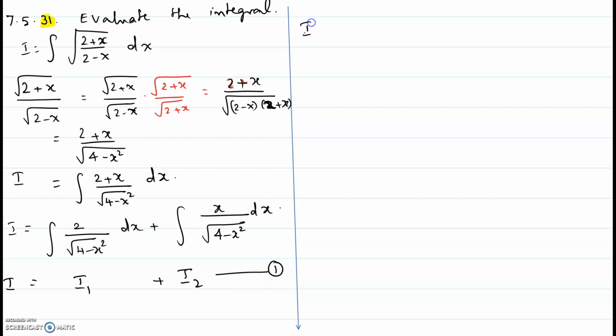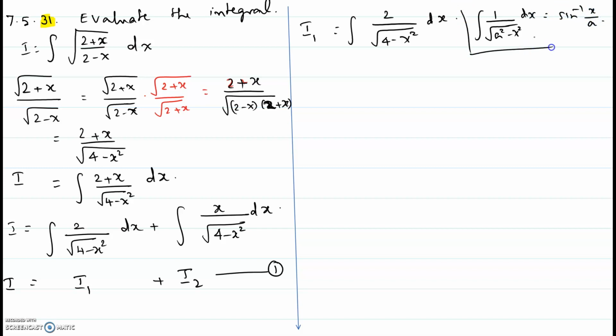So let's first consider I1, which is the integral of 2 over square root of 4 minus x squared. The integral is of the type 1 over square root of a squared minus x squared. If you recall the formula, 1 over square root of a squared minus x squared integrates to sine inverse of x over a.